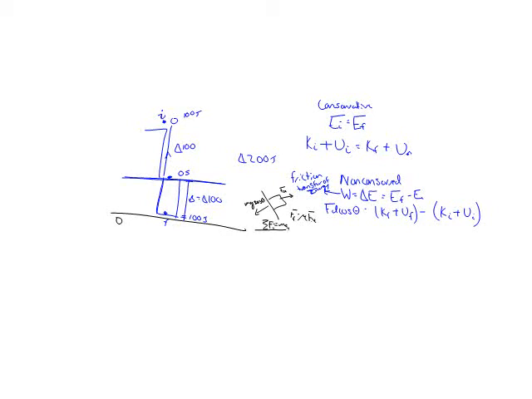So then you have Fn minus mg cosine theta equals 0, and Fn is equal to mg cosine theta. So that will give you Fn, then you plug in here, find the frictional force, and then once you find the frictional force, you can plug it in there. So sometimes, in order to find these things, you're going to have to do a little bit of a roundabout way of finding it.